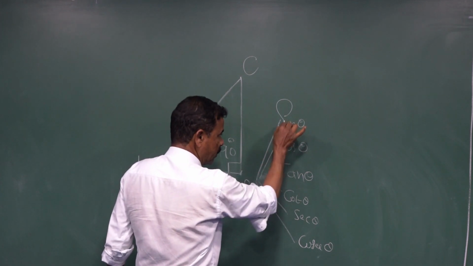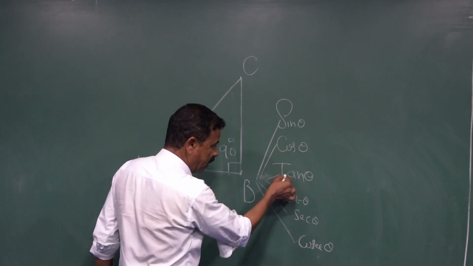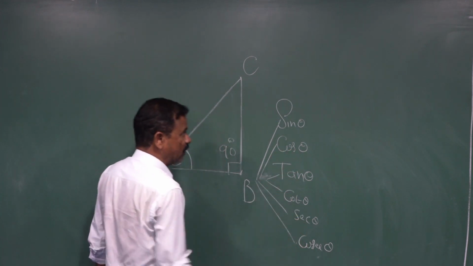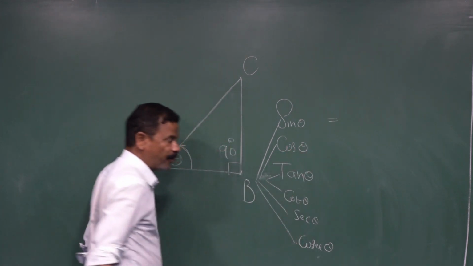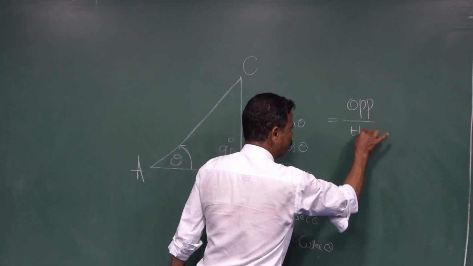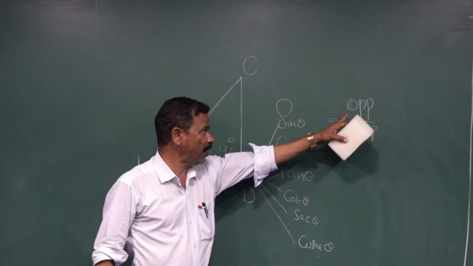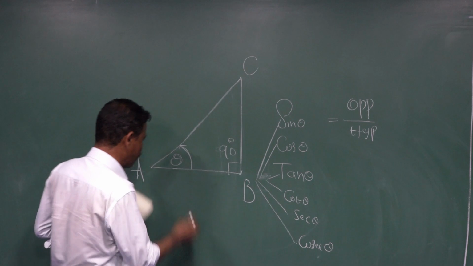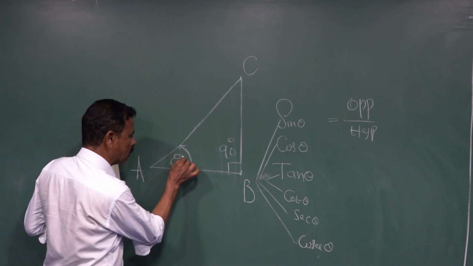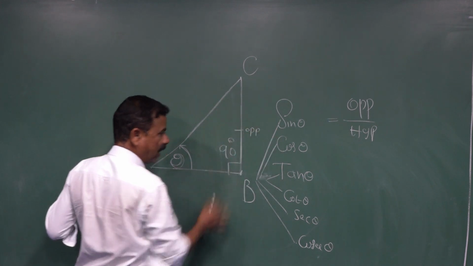Sine, and the neighboring trigonometric ratios cos and tan, cot, sec, cosec. The actual definition of sin theta is opposite side by hypotenuse. This is the ratio between opposite and hypotenuse. Where we take theta, the side opposite to it is the opposite side.